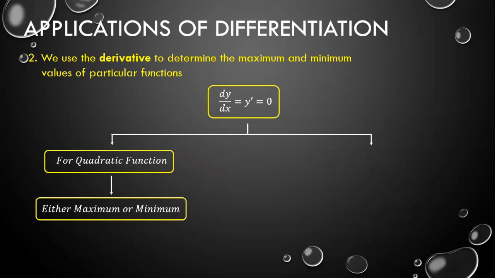So you have to understand, the quadratic function consists of one maximum or one minimum, not both. So either a maximum or minimum point.